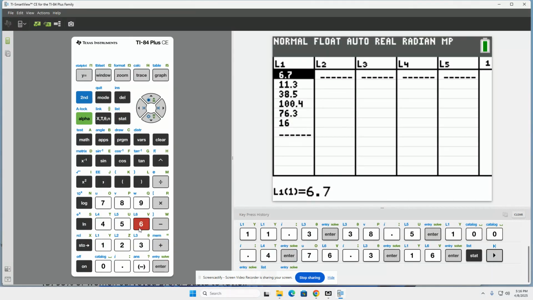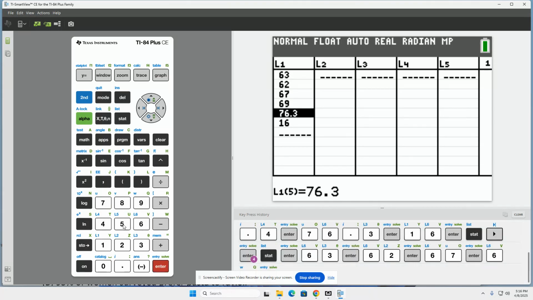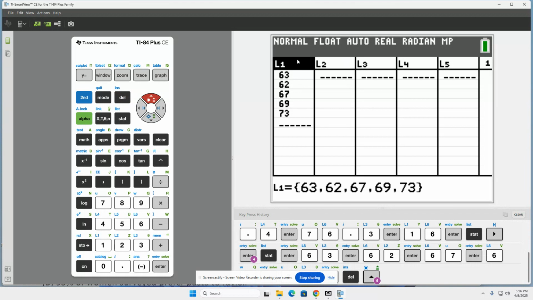So I'm going to do 63, enter, 62, enter, 67, enter, 69, enter, and 73. Now don't forget, here we had an extra one, so I'm just going to delete that one value. Never delete your entire list. Never come up here to L1 or L2 and delete it.